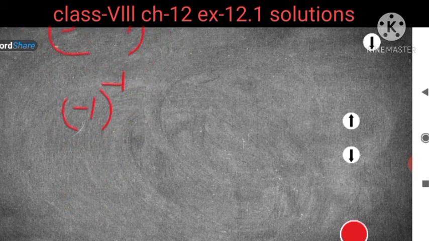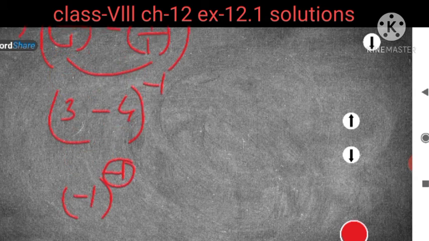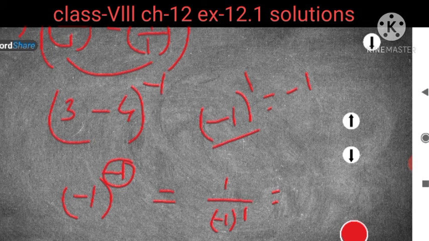And this minus 1 is to the power 1. Now again if you want to make this power positive, you will write 1 upon minus 1 upon 1, isn't it? If you solve this, you get 1 upon minus 1 to the power 1, and minus 1 to the power 1 is equal to minus 1 only.